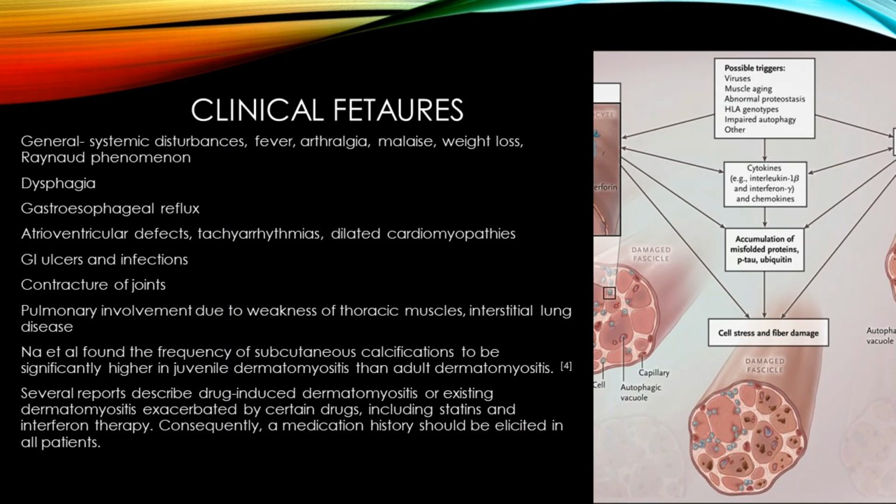Subcutaneous calcification, or calcinosis cutis, occurs in dermatomyositis, sometimes extruding on the skin and causing ulceration and infections. Arthralgias, synovitis, or deforming arthropathy with subluxation in the interphalangeal joint can occur in some patients with antisynthetase syndrome.